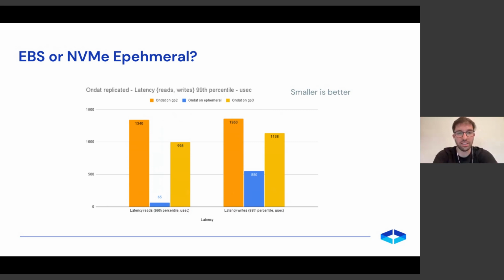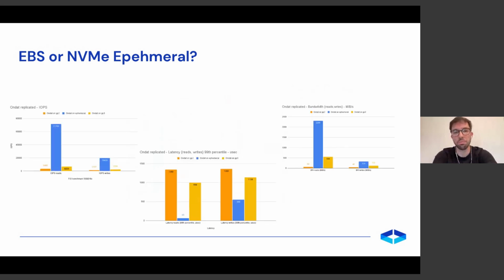We're looking at 65 microseconds to do a read, local NVMe, local disk, no network, we're fast, compared to accessing the EBS backstore, whether it's GP2 or GP3. The difference is massive. And still, we can see, once again, that GP3 is a fairly much better option than GP2 when it comes to performance, at least.